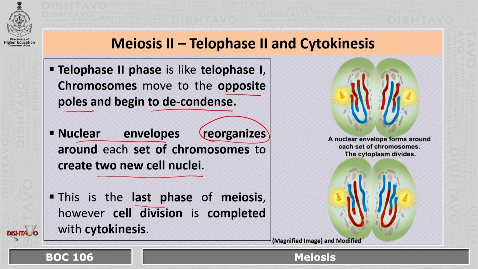This is the last phase of meiosis. However, cell division is complete with cytokinesis. This is the figure which shows the formation of the nuclear envelope surrounding each set of chromosomes. Here, the cytoplasm divides and completes the cell division.